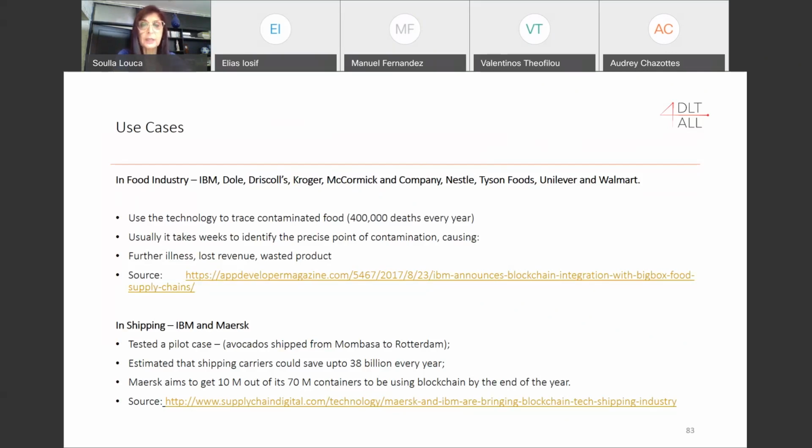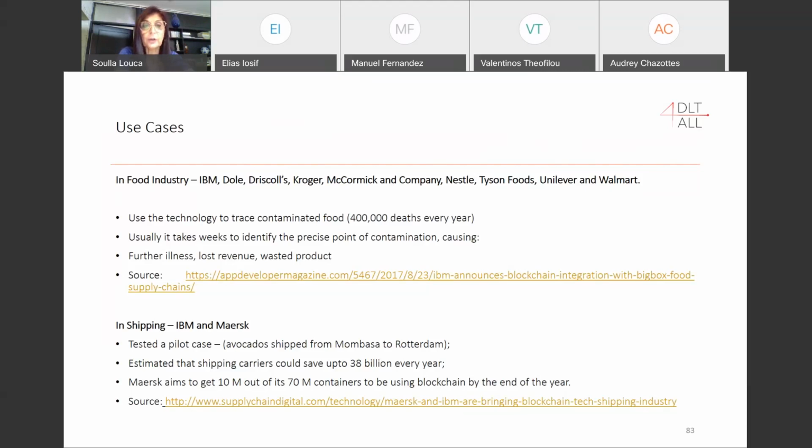It has been statistically proven that every year around the world about 400,000 deaths are caused by contaminated food. So all these companies in the food industry implemented the technology to be able to trace contaminated food and prevent further illness.